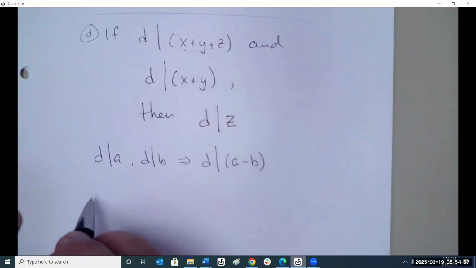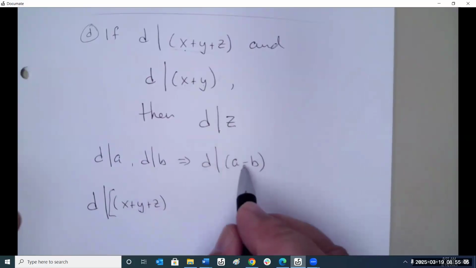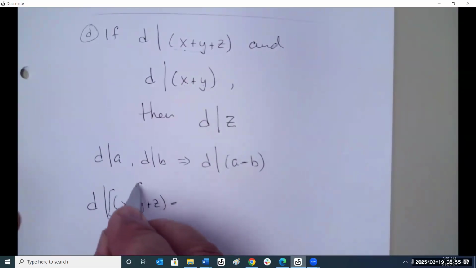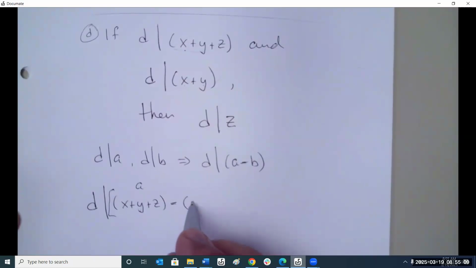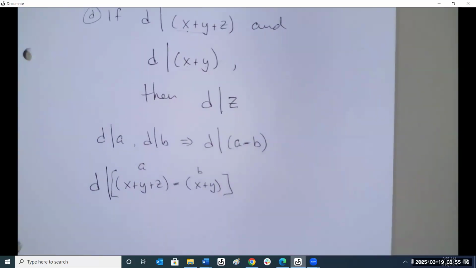so let's do that. We have X plus Y plus Z minus, this is A, minus X plus Y. This is B. And if we do that, what are we equal to?